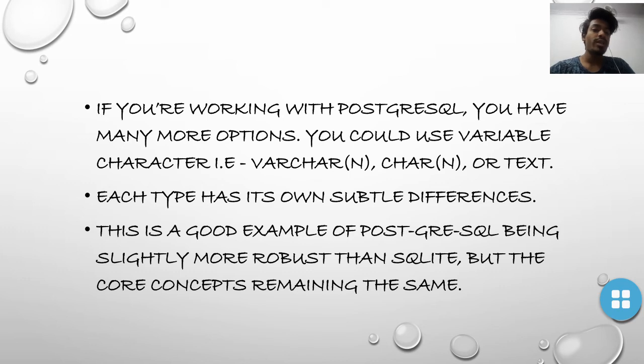If you are working with PostgreSQL, you have many more options. You could use variable character, that is varchar(n), character(n), or text. Each type has its own subtle differences. This is a good example of PostgreSQL being slightly more robust than SQLite, but the core concepts remaining the same.